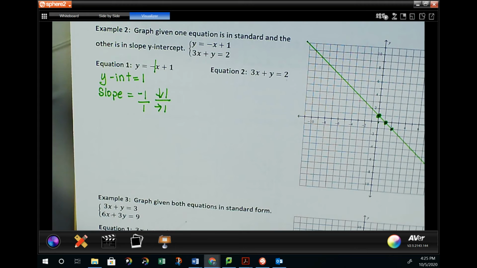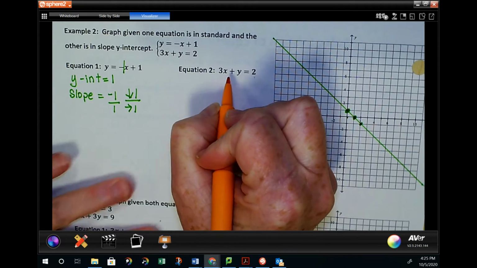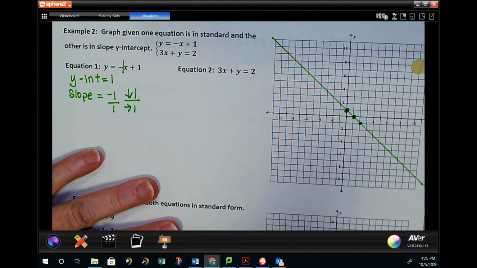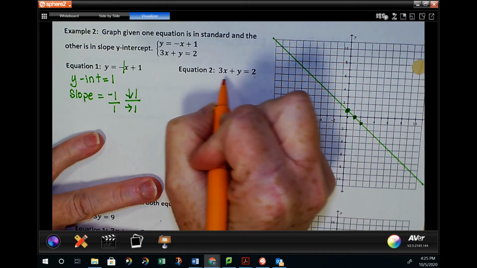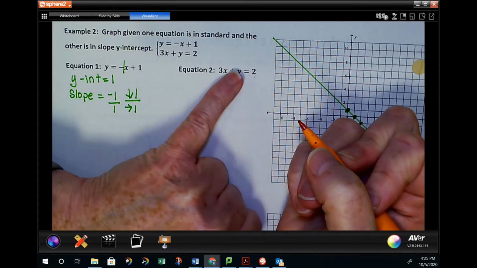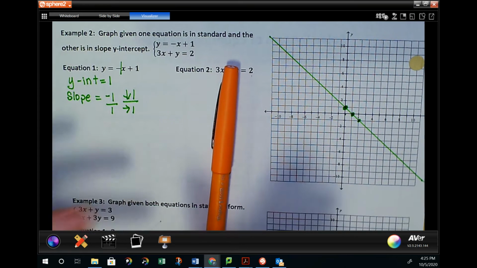All right, so now the next thing is you've got this equation right here. I can use method 1 or method 2 of graphing. If I plug 0 in right here for y, I'm just going to cover that y up.